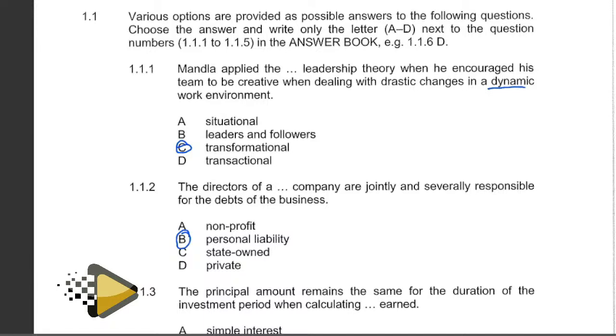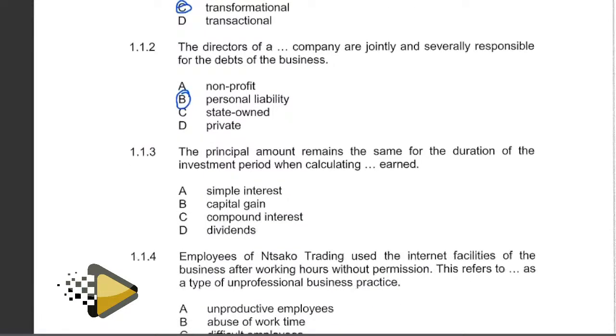1.1.3 reads as follows. The principal amount remains the same for the duration of the investment period when calculating dash interest. So now remember here the interest that you are going to pay attention to is simple interest and compound interest. But now simple interest, that's where the principal amount appears under each and every period or duration.